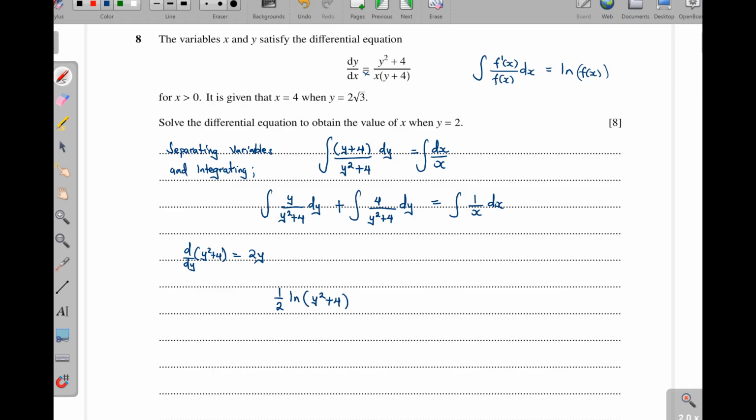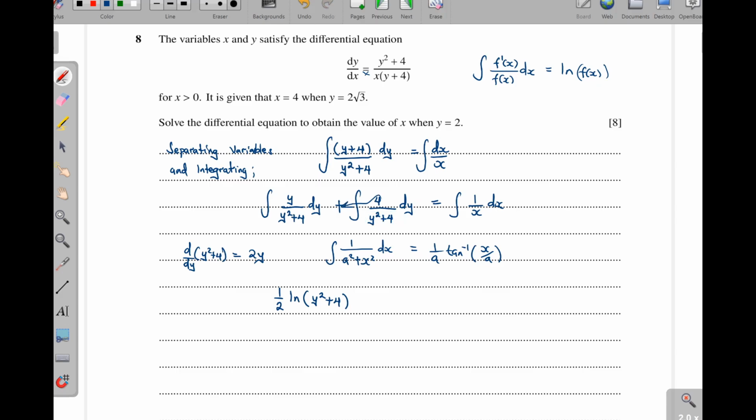Then we also have that if you integrate 1 over a squared plus x squared with respect to x, this one gives you 1 over a, and you can check this in the list of formulae, then the arctan of x over a. Then we can see y here is squared, then plus something here squared.